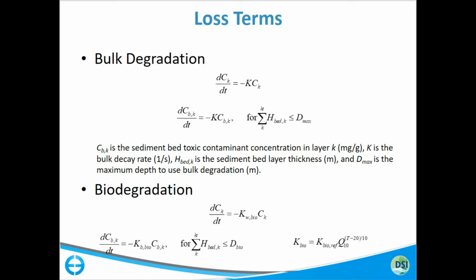So it's reversed. So in all the routines in EFDC where we loop over the sediment layers, we just reverse the indices. So it still solves appropriately, either from the surface to the bottom or from the bottom to the surface. It's just the numbering scheme is reversed.